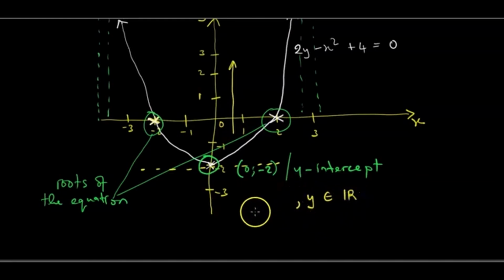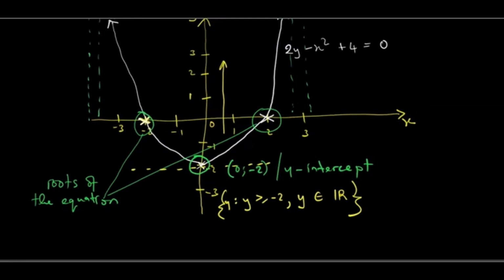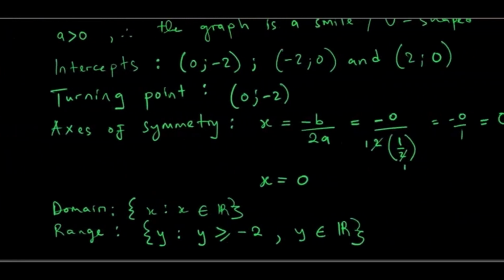But before that, y should be greater than or equal to -2. That is the range in which y exists, in set notation. So that is going to be our range. So when it comes to the range, you have to be careful because the range takes many forms. But in most cases, the domain is just going to be x such that x is an element of real numbers.